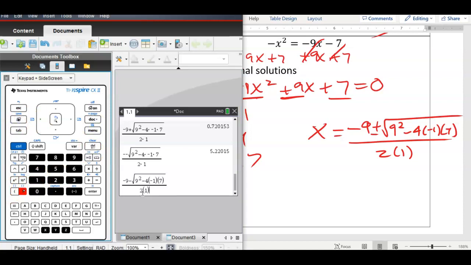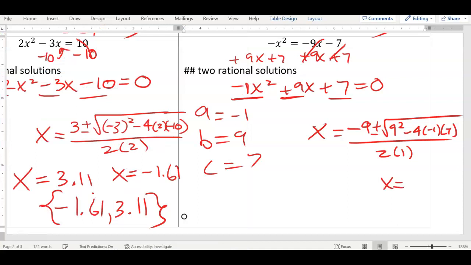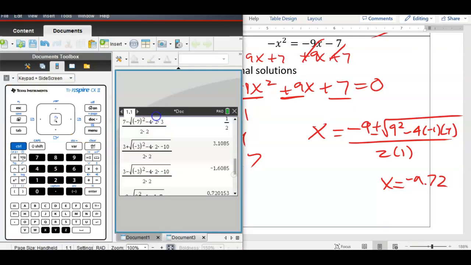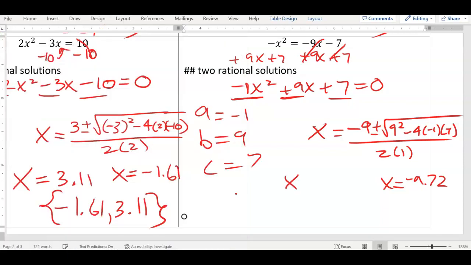Negative 9 minus 9 squared minus 4 times negative 1 times 7 over 2 times 1. Get negative 9.72. And the other one we have was 0.72. Again, you can write it with the smallest one first.